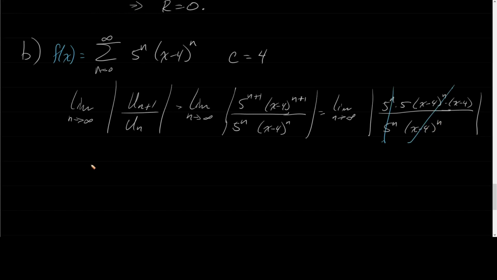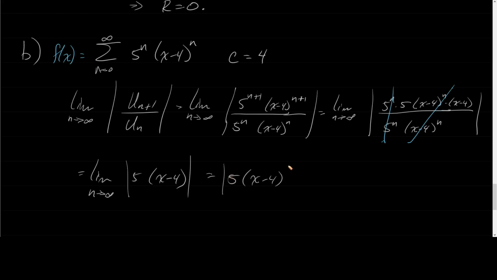So we're left with the limit as n goes to infinity of 5 times (x minus 4). We have no more n's in that limit, so it is just 5 times (x minus 4).